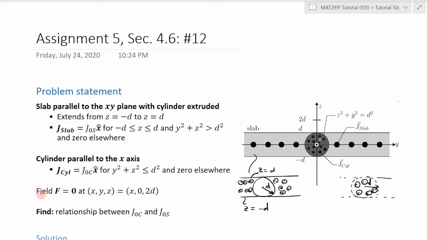Now, these constants J naught C and J naught S, what they are measured in, let's see. This is the magnitude of the x component of the current density, so it's measured in amps per meter squared. And same thing here.